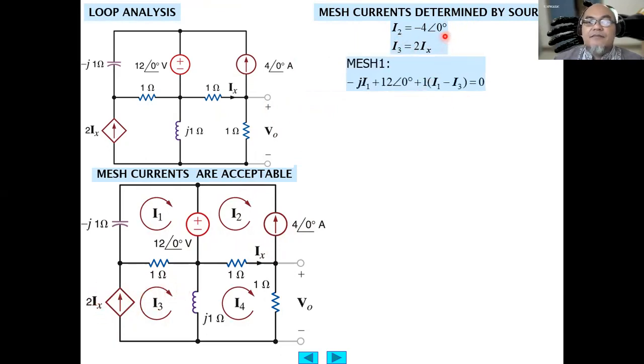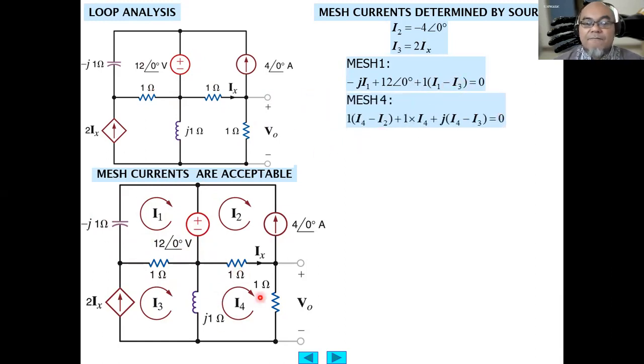From mesh 1, we can derive the mesh equation using Kirchhoff's voltage law like this: minus J1 minus J times I1, plus this 12 volt voltage source, plus I1 minus I3 times 1 equals 0.